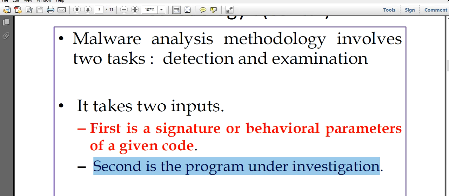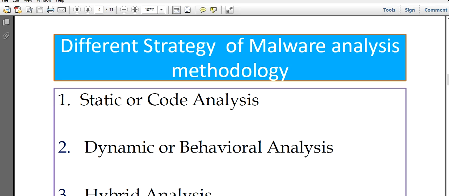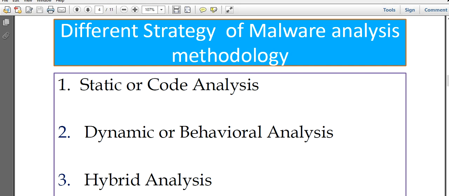These two inputs will be taken by any malware analysis methodology. Now, we have different strategies for malware analysis: static or code analysis, dynamic or behavioral analysis, and hybrid analysis.